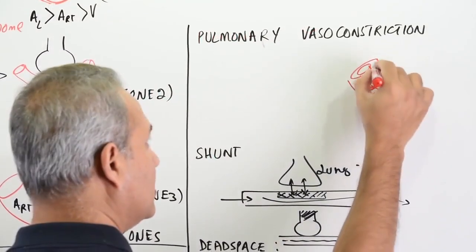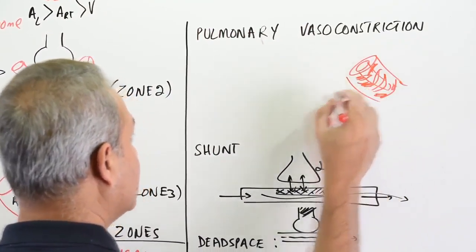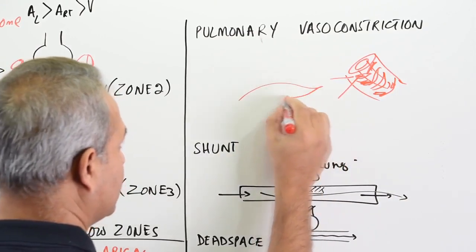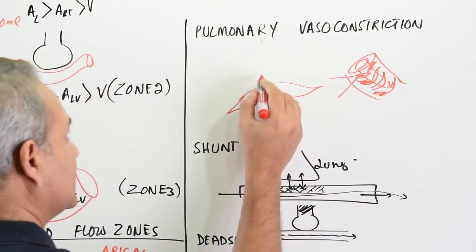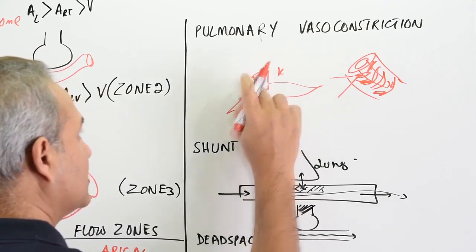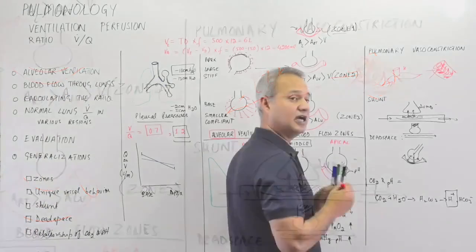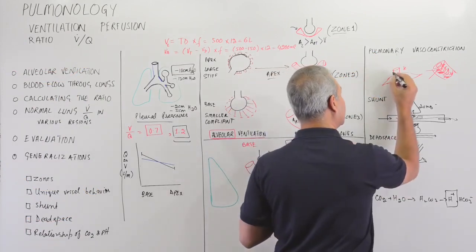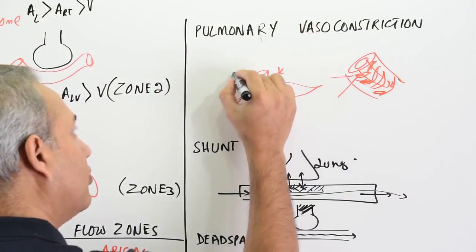In that wall there are smooth muscles. So if I take one of the smooth muscles out and put that over here, the way this works is that the potassium channels on this smooth muscle of the arterial wall, these channels have something very interesting. They are oxygen sensitive, O2 sensitive.